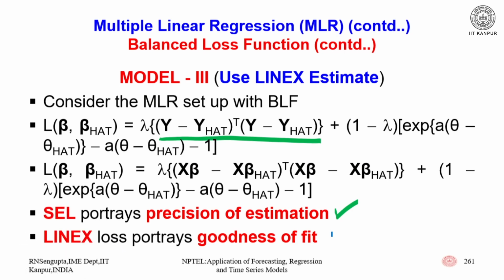So, the weightage corresponding to it is 1 minus lambda, and goodness of fit is more related to theta, because whether you want to find theta or beta, even though beta would be found first and then theta, it would not matter, because if you remember, theta is a scalar which is a multiplication of two vectors, a column and a row, such that they are compatible.